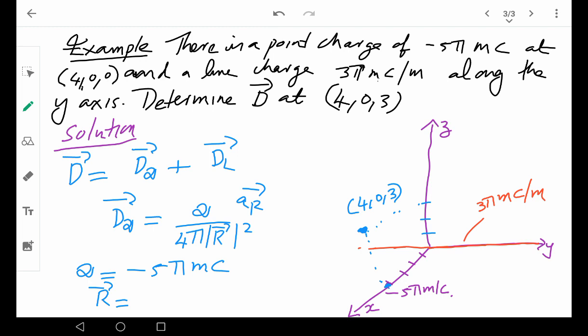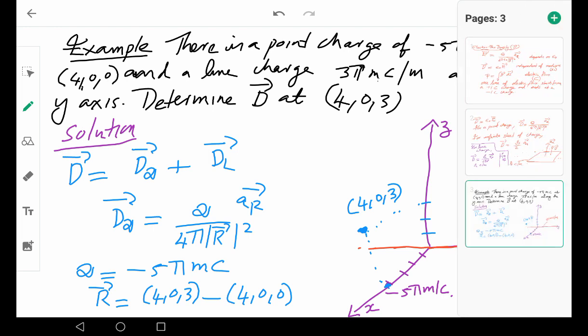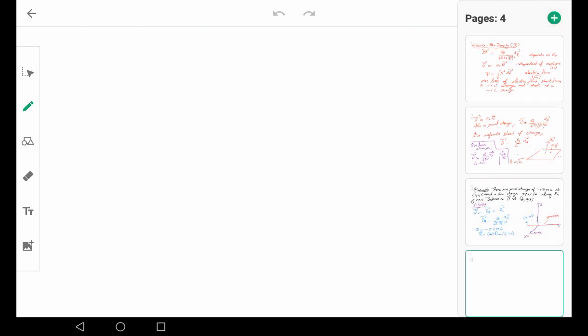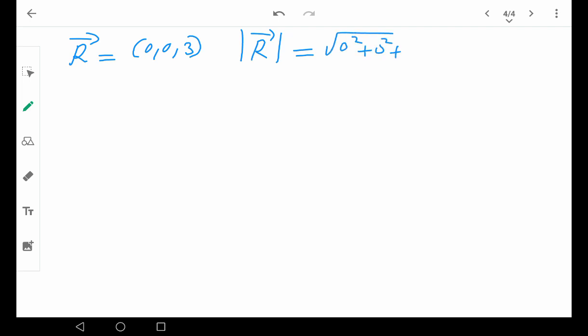So you can write R equal to (4, 0, 3) minus (4, 0, 0). So R equal to (0, 0, 3), and magnitude of R will be equal to square root of 0 squared plus 0 squared plus 3 squared, equal to 3.